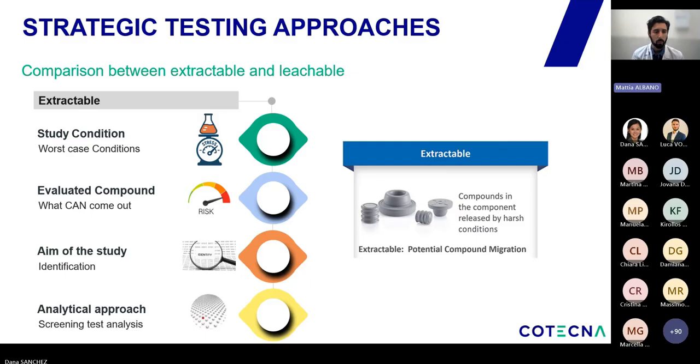In this study, we use a solvent called simulant for the contact with the package materials, which stresses the materials and so extracts all the components that can potentially migrate from the packaging. But at the same time, this type of solvent must simulate the characteristics of the drug substance in order to have a correct comparison, or a correct extraction, according to the characteristics of the drug.